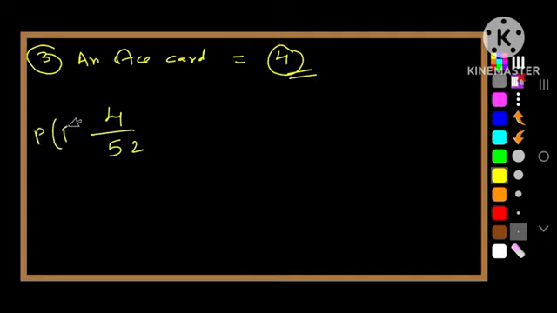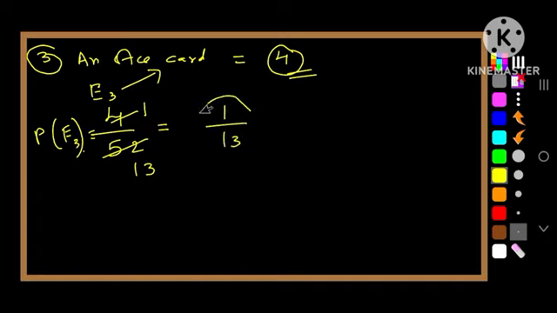So let E3 be the event of getting an ace card. So P(E3) is given by 4 by 52. Simply you can cancel it, 4 ones are 4 and 4 thirteens are 52. So the probability of getting an ace card is 1 by 13.